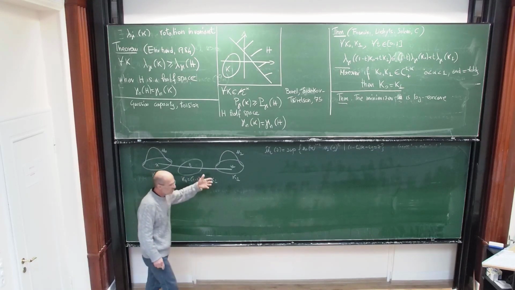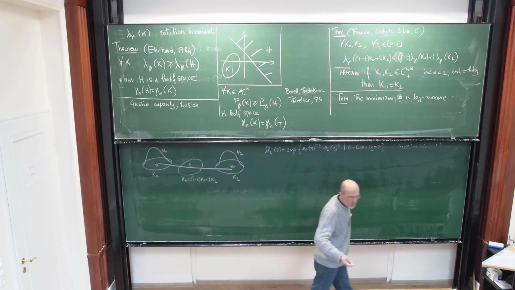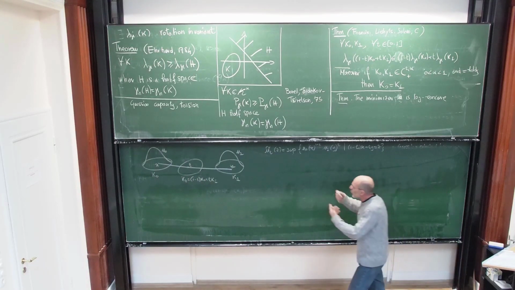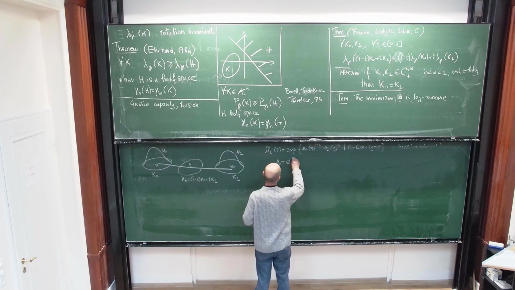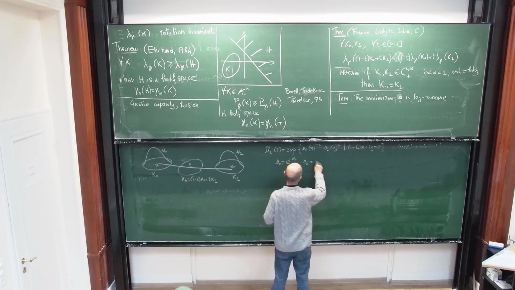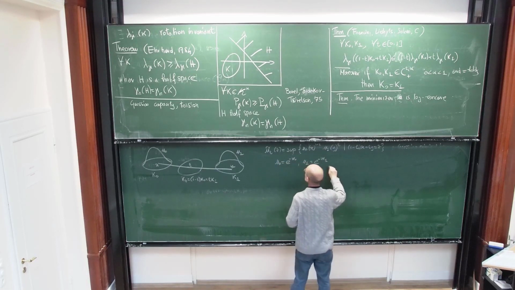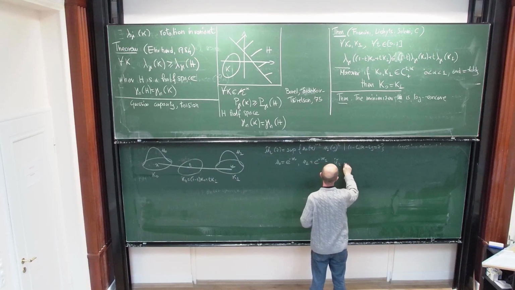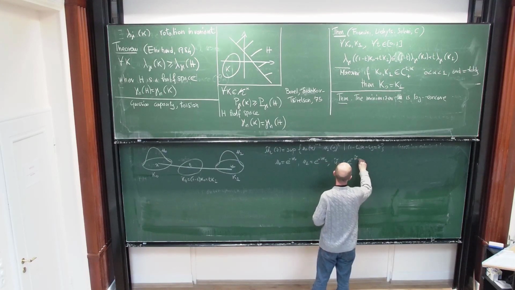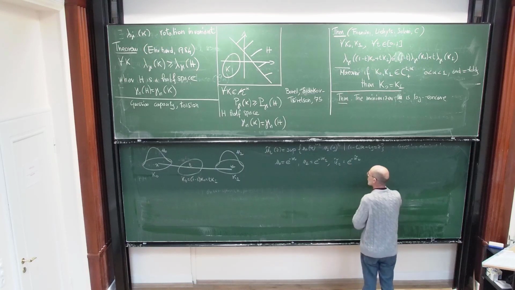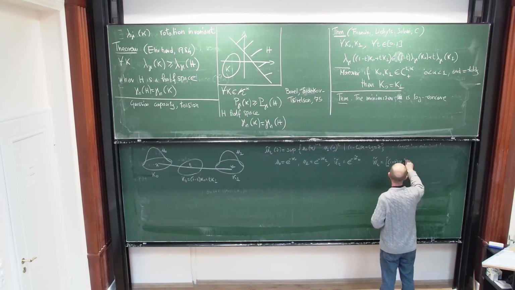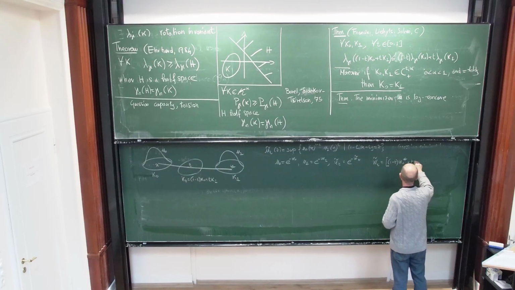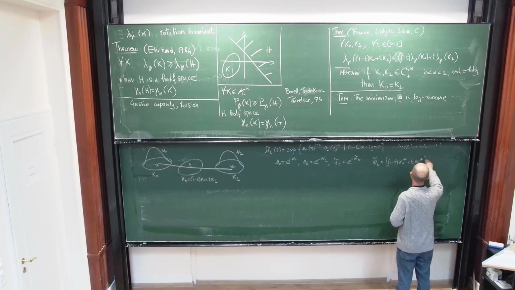This is the operation which is behind the Prékopa-Leindler inequality, more or less. And if you go to the exponents, so if you write U0 as e to the minus W0, U1 as e to the minus W1, and U tilde t as e to the minus W tilde t, then you are doing the following. W tilde t is just (1 minus t) W0 star plus t W1 star, star star.